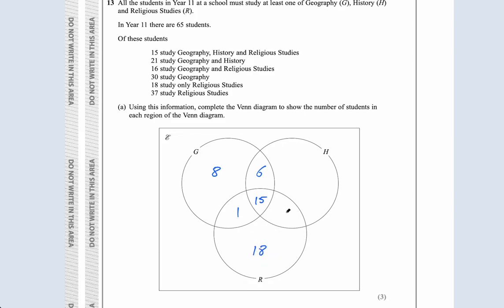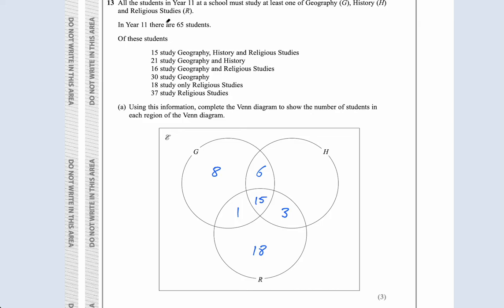If it was here, that's religious studies and history, so just be careful. And then he says 37 study religious studies. So that's this whole circle, 37. I have 18 plus 15 is 33, 34, that must give me another 3 here to give me 37 in total there.